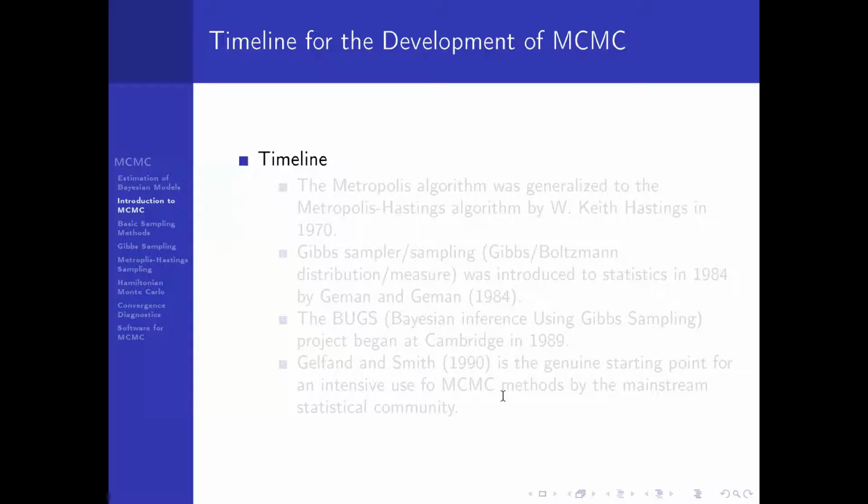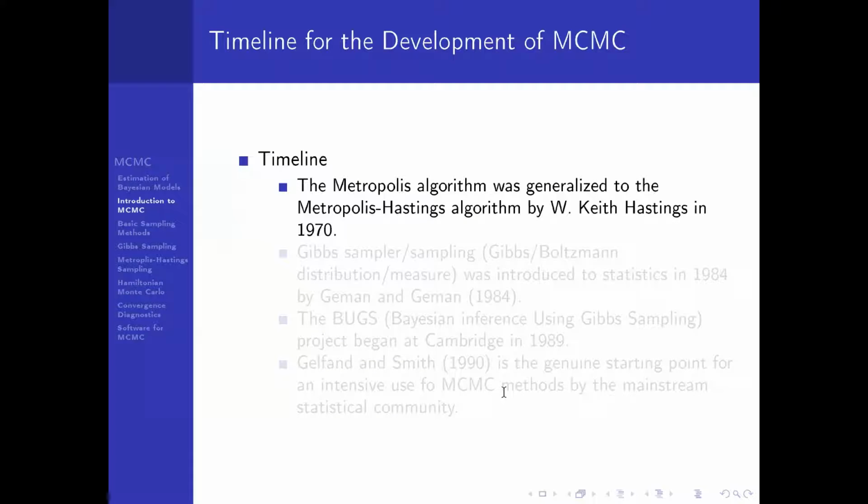And let's continue. The Metropolis algorithm was generalized to the Metropolis-Hastings algorithm by W. Hastings in 1970. Hastings only wrote three papers in his lifetime, and one of them is this watershed, seminal paper on the Metropolis-Hastings algorithm. So a legendary figure.